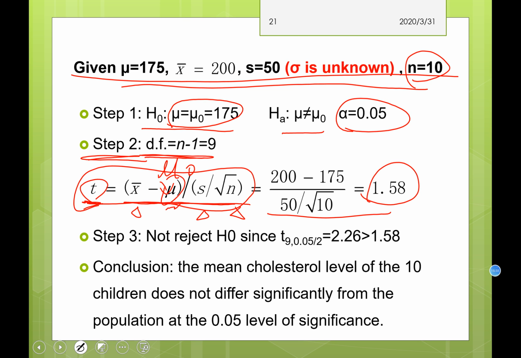So if you really get a negative number, you need to change this number into its absolute value when you are checking the t value in the t table.